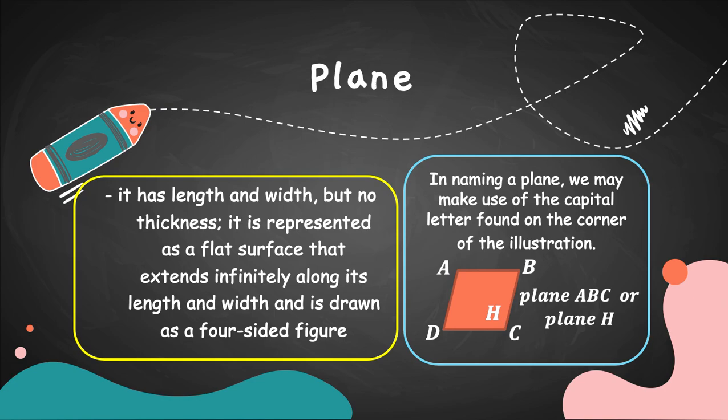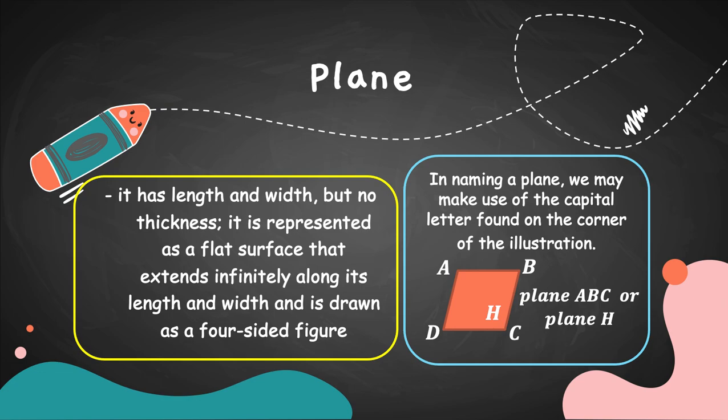We can also name it as plane ADC. It's up to you. Or just a single letter found in the interior area of that plane. So we can also name this plane as plane H. So again, you can only name a plane using capital letters.